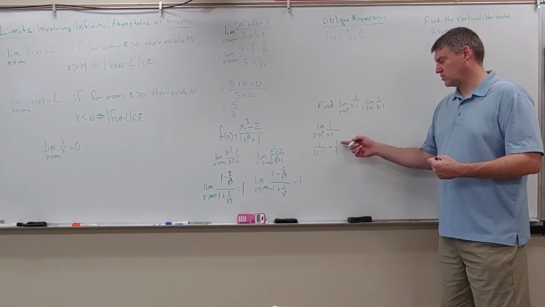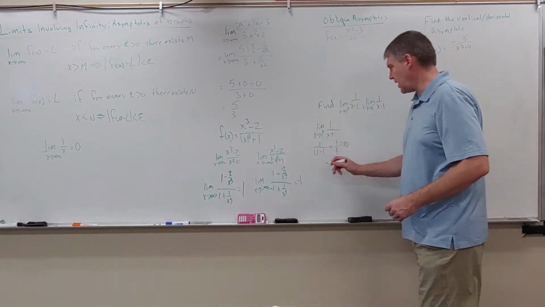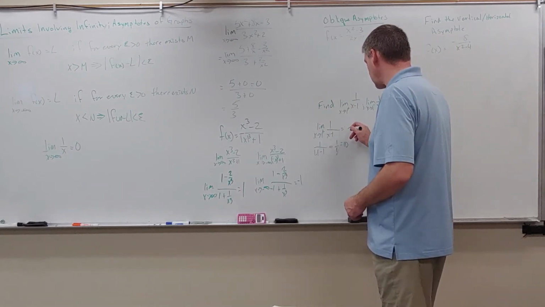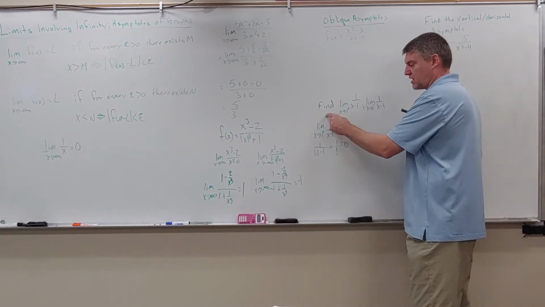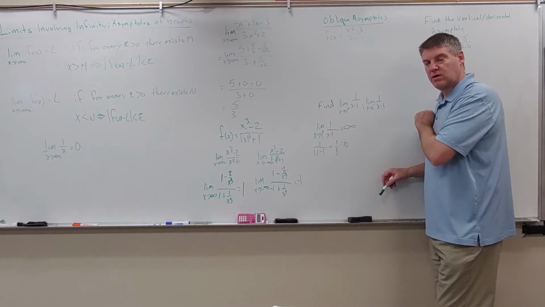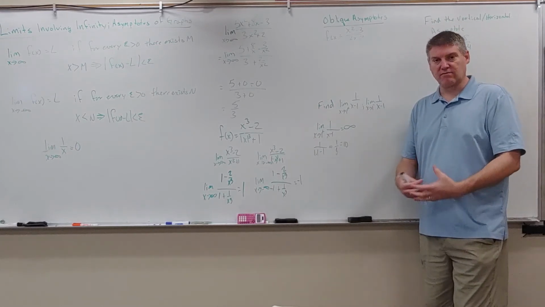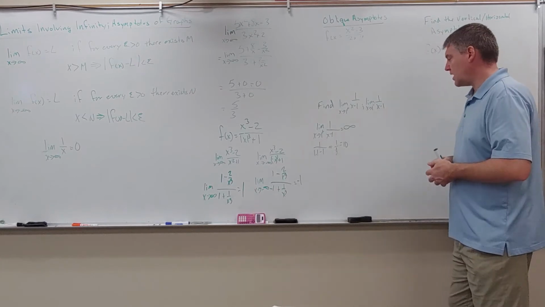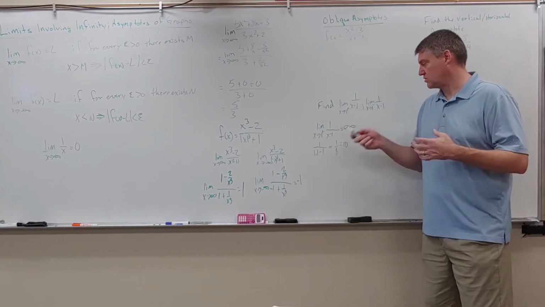So now it's showing me that this is going to positive infinity, because I'm taking a positive number and dividing it by a positive number. Positive divided by a positive is going to be a positive. That's the conceptual idea of what we're looking at.